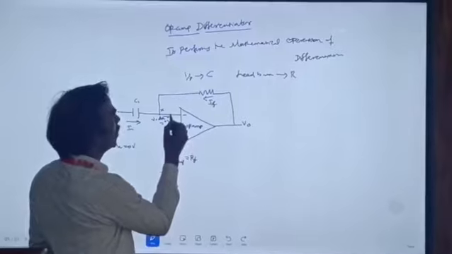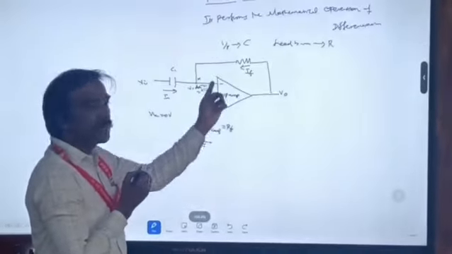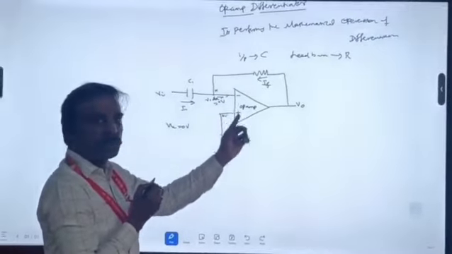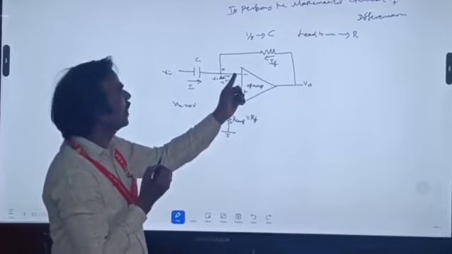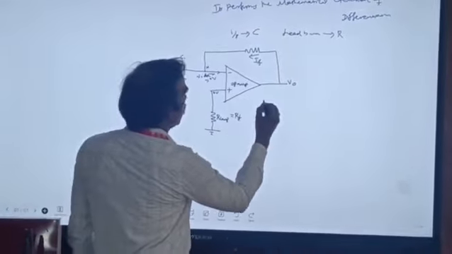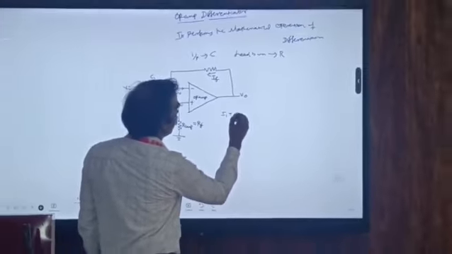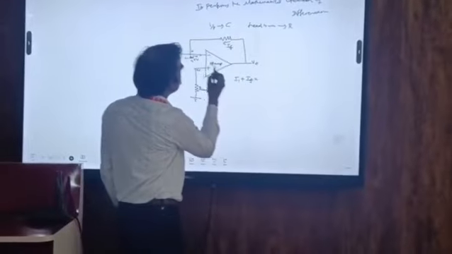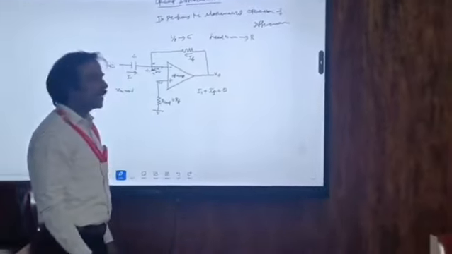Due to the very high resistance between the input terminals, there will be no current flow into the op-amp. So I can write I1 plus IF is equal to 0. This is the current equation.